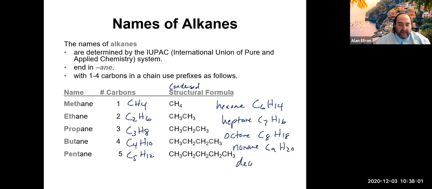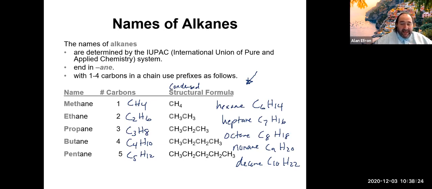And we have decane, which is 10 carbons and 22 hydrogens. So these first 10 alkanes are really important in terms of naming, not just alkanes, but pretty much everybody else. Everybody comes back to these 10 names.